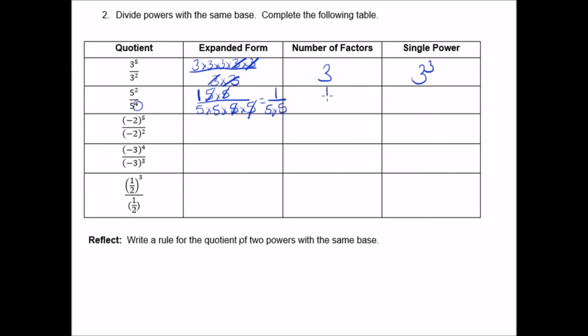So the number of factors, let's say 2, and then write it as a single power, 1 over 5 squared. Let's write it like that for now, and then we're going to get into negative exponents. Okay, so negative 2 to the exponent 5, let's go ahead and write that 5 times. And negative 2 squared.